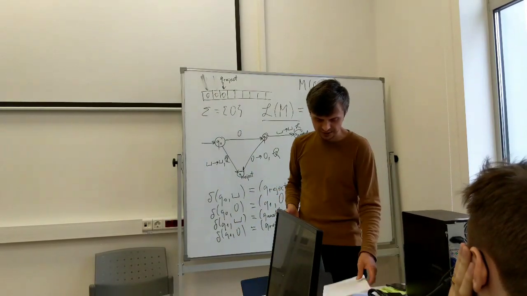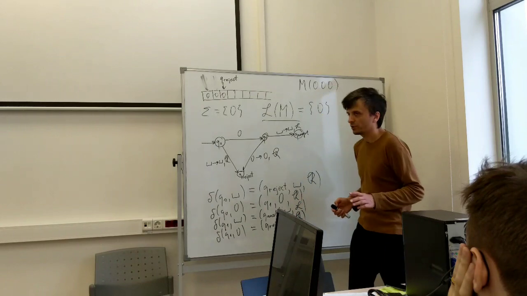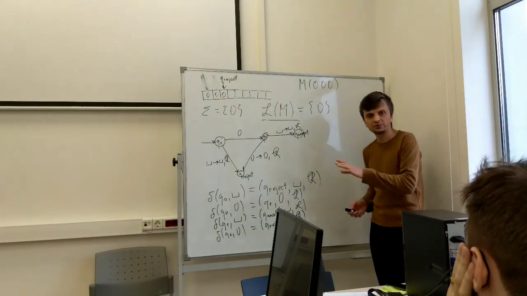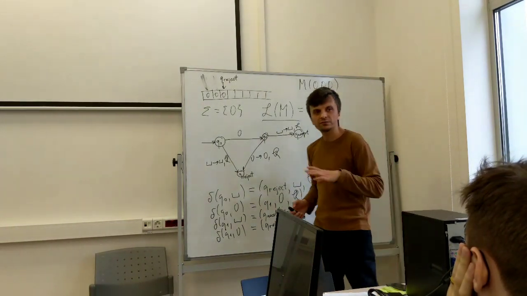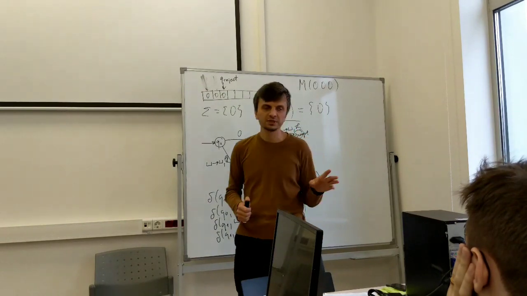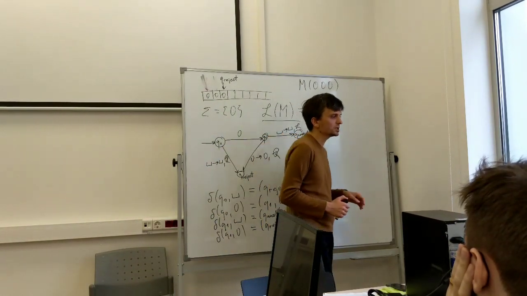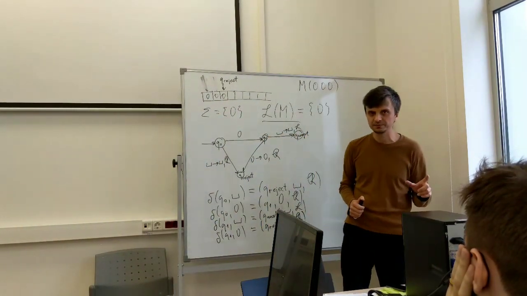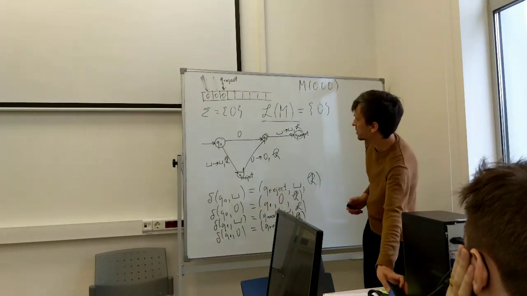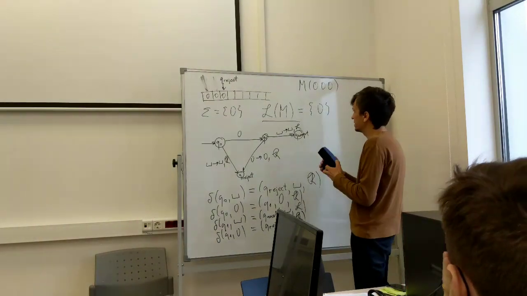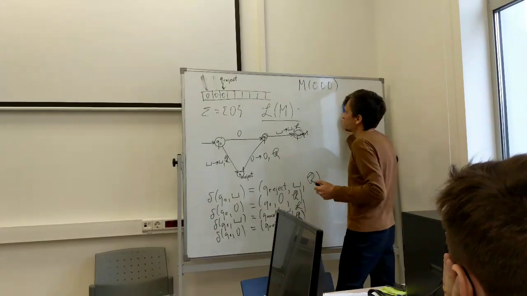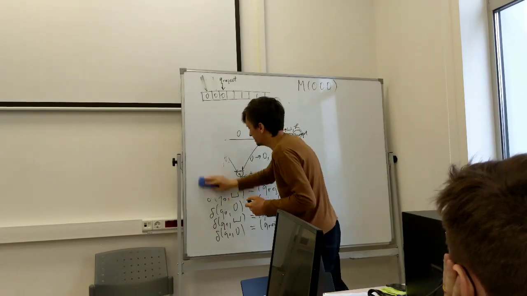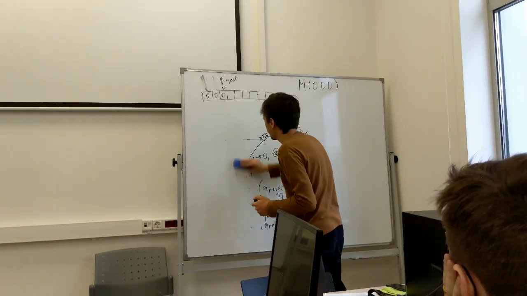Now let's talk about variants of Turing machines. So this is a single tape Turing machine. There are other variations. For example, one popular variation is to allow the machine to have several tapes. When it has several tapes, there is only one thing that changes in the definition, and this is the transition function.